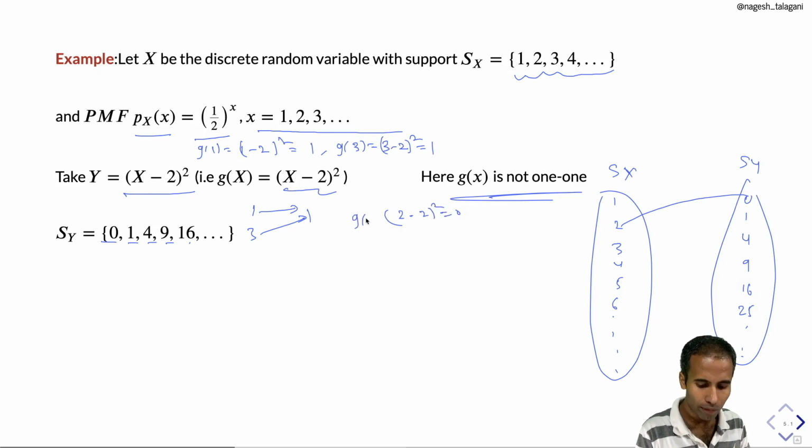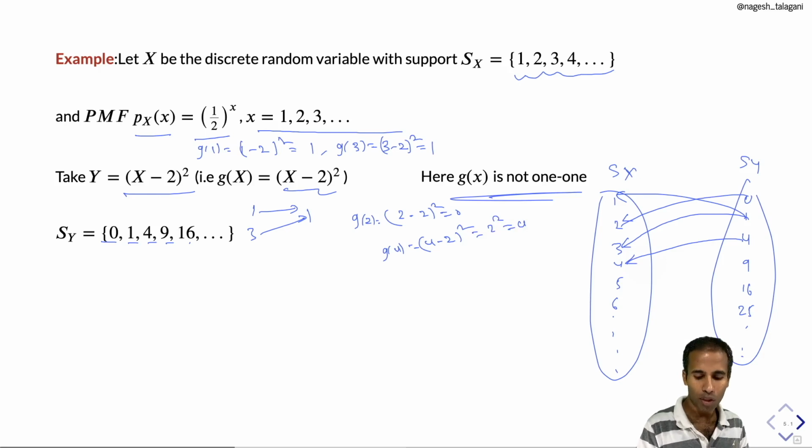That is, g of 2 is 0. And the inverse image of 1 is 1 and 3. Both go to 1. And the inverse image of 4 is 4 because g of 4 is 4 minus 2 whole square, which is 2 square, which is 4.